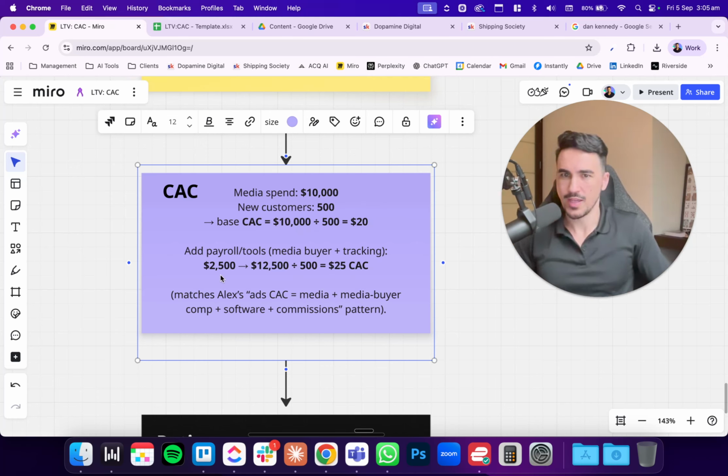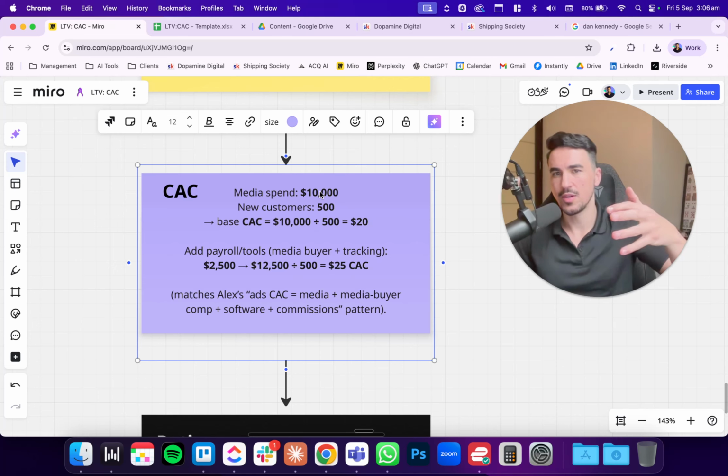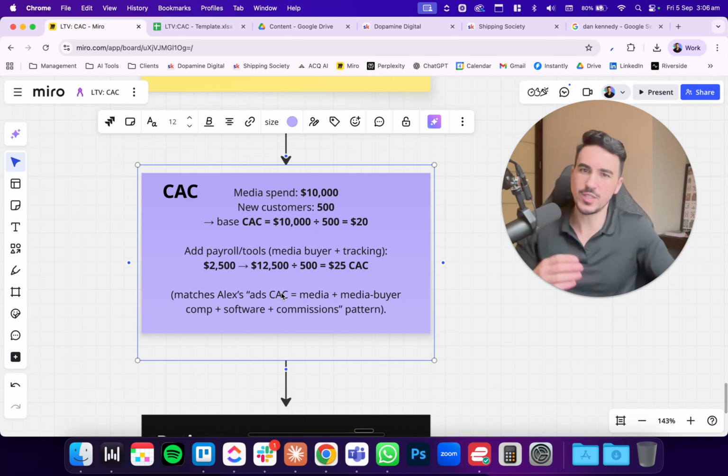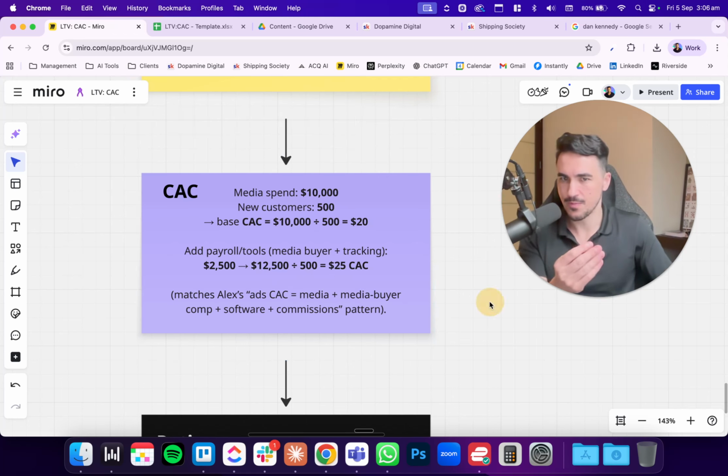So if we add another $2,500 on top of that, the total cost is not $10,000, but $12,500. And if we divide that by 500 customers, the CAC is actually $25.